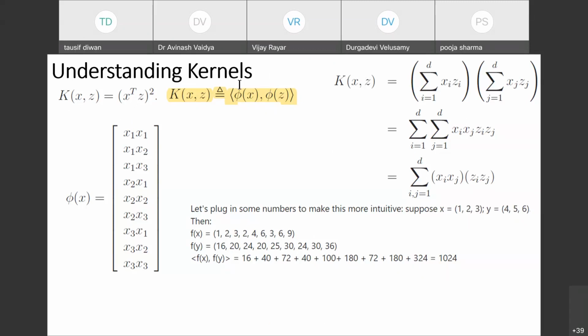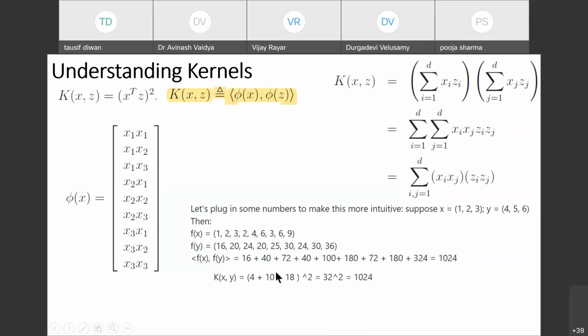Just sum all these things and take the square of this. It is exactly 1024. This k of x, y is nothing but this expression, 4 plus 10 plus 18 whole square, 32 square, which is nothing but 1024. This is known as the kernel trick.